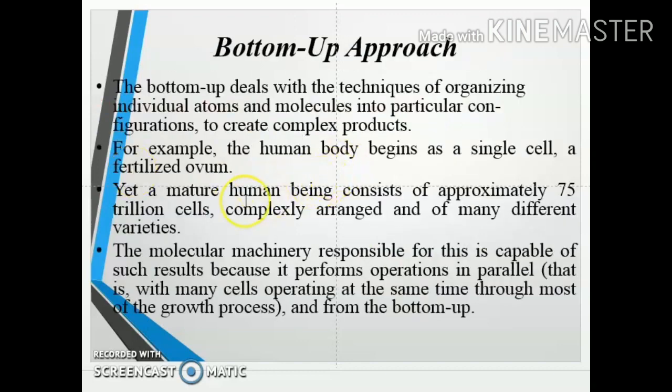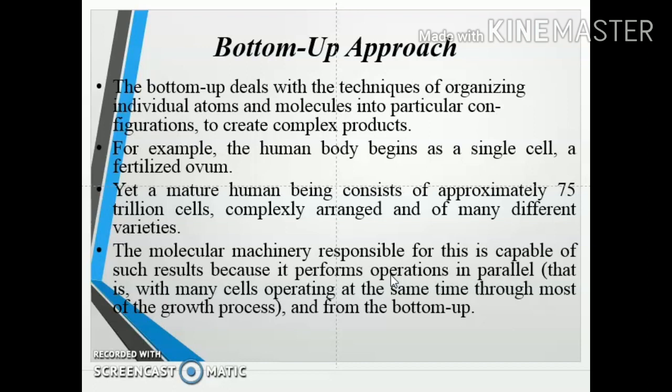Now we will discuss the bottom-up approach. The bottom-up approach deals with the techniques of organizing individual atoms and molecules into particular configurations to create complex products. For example, we can take the human body as a bottom-up approach.